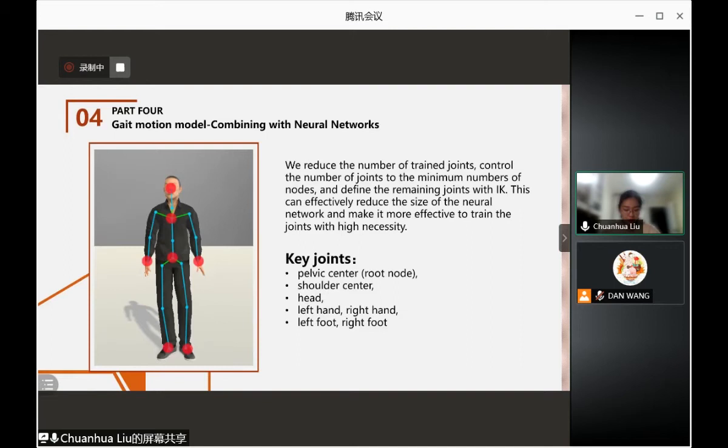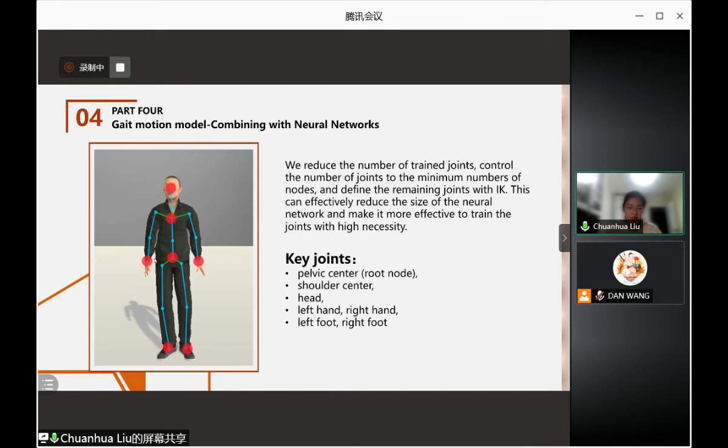And about the gait motion model, we want to reduce the number of trained joints, controlling the number of joints to a minimum, and define the remaining joints with IK.